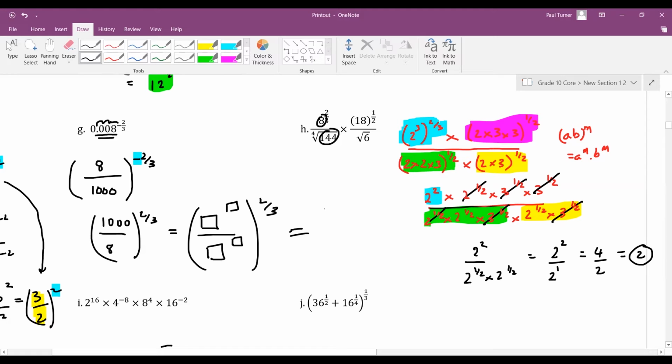So what's 1,000 then? What to what power? Anyone? 1,000 is, that's an easy one, isn't it? 10 cube. Okay, let's write it here, 10 cube, which is 1,000. And what about 8? That would be 2 cubed.